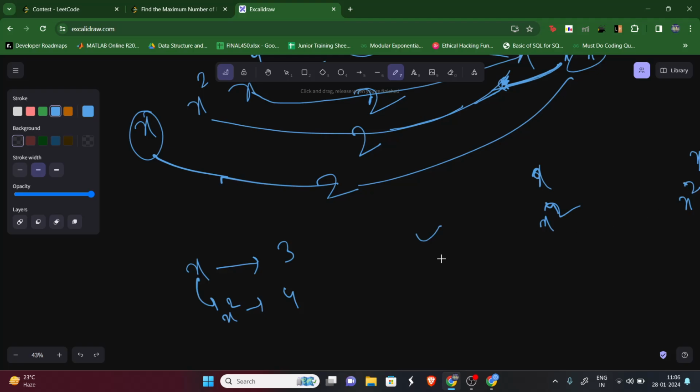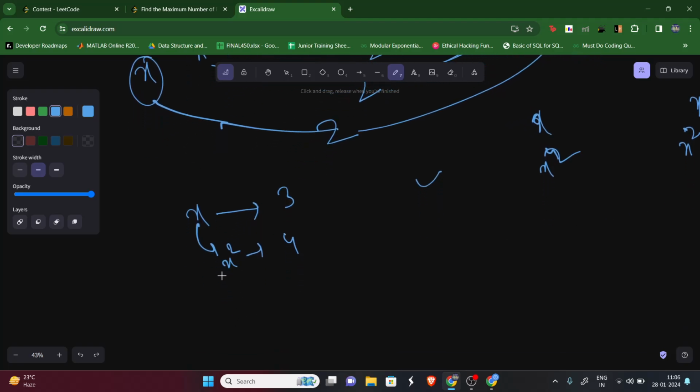Now the next number will be its square, and that is x to the power 4. Let's say frequency was 2, it's okay, we can take x to the power 4 on both sides, and we will have some remaining numbers: 1 x will remain, 2 will remain for x square, and 0 will remain for x to the power 4.